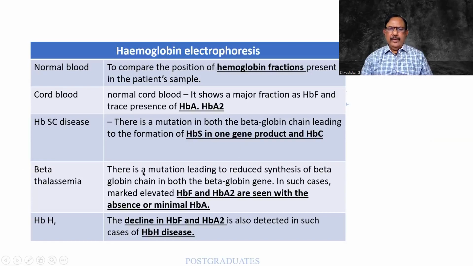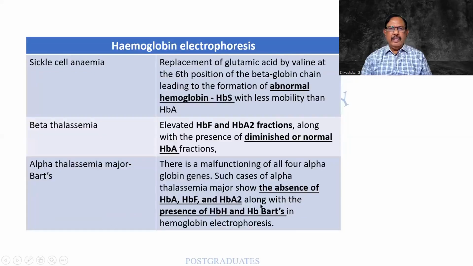Beta thalassemia, you find that there is a marked elevation of hemoglobin F and A2 in the absence or minimal presence of hemoglobin A. Hemoglobin H, there is a decline in hemoglobin F and A2, and this is in a case of hemoglobin H disease. See the different types of hemoglobin electrophoresis, the components that are being separated.